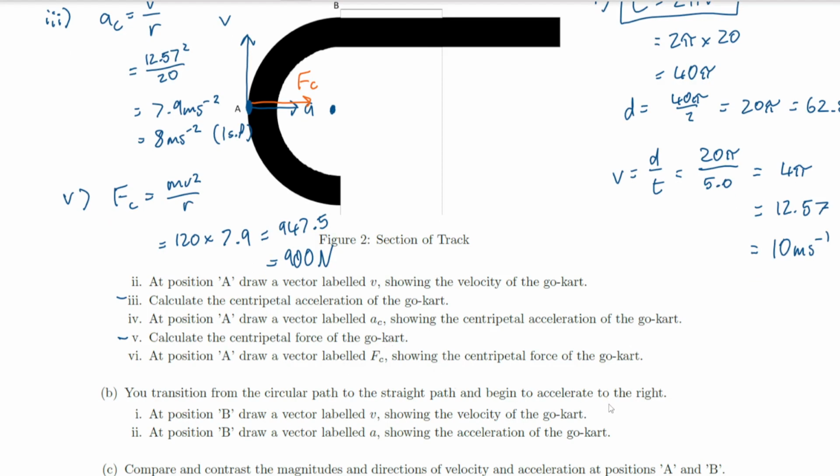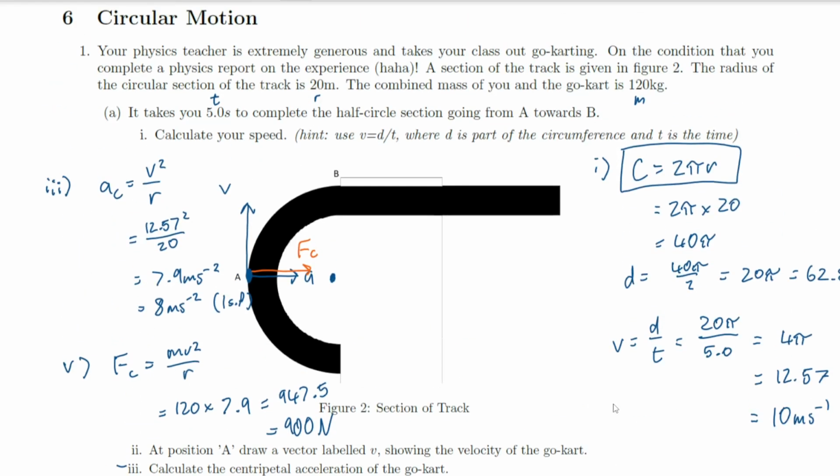So the question tells us we are accelerating to the right. So let's put our dot. We know we will accelerate to the right. And in fact, our speed is also to the right. All right, so I'll label that v as well. And I'm just putting them very close to each other so we can see them separately.